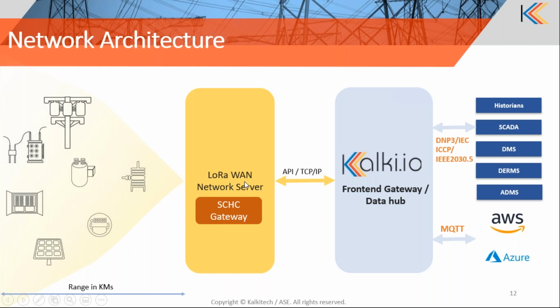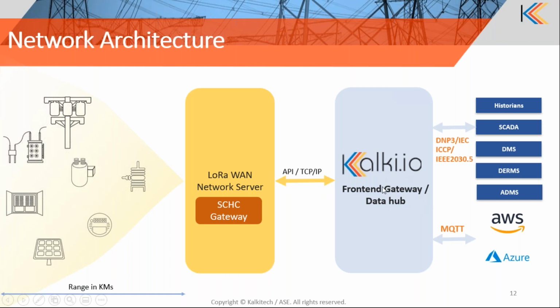And the LoRaWAN network can be directly connected with the head-end system. It could be directly integrated with historians or SCADA systems, DMS systems, DERMS or ADMS systems, which are available with the utility, through a front-end gateway called Kalkitech.